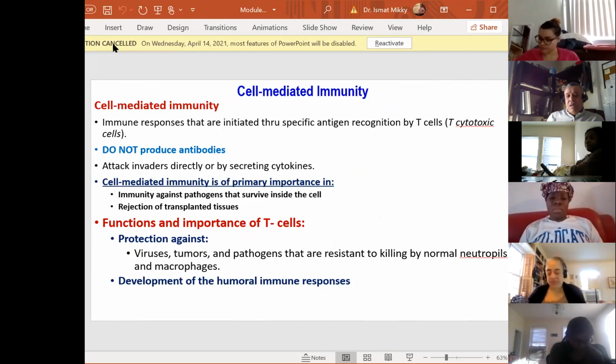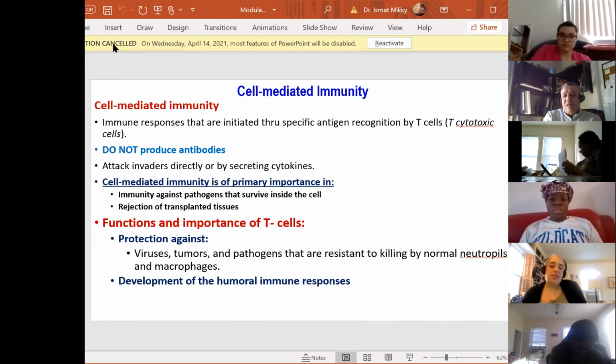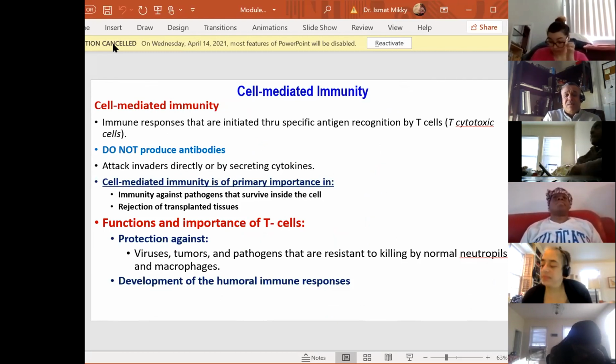And the other form of the immune system is called cell-mediated immunity. And I listed here some of the functions and importance of the T cells.